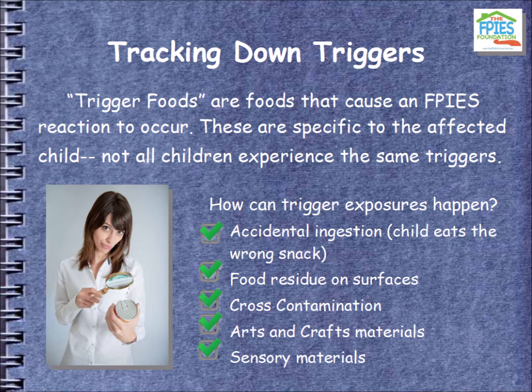Again, the children are playing in the sensory bin with their hands. If the child who is reactive to those foods puts their hand in their mouth, those trace proteins on their hands can actually cause an FPIES reaction if that is one of their trigger foods. So when you're looking at sensory materials, it might be a really good idea to avoid food products and take a look at some other ways that you can fill those sensory tables.